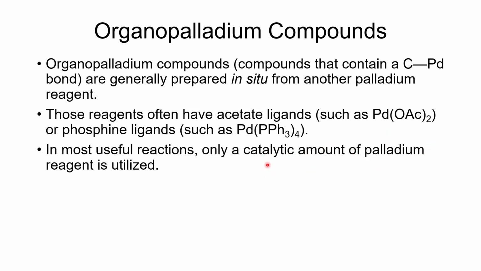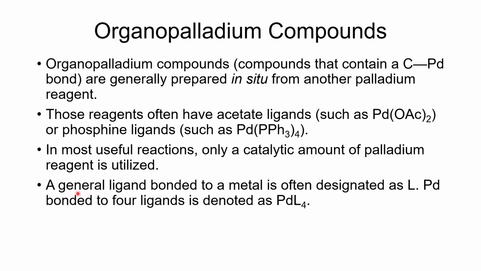If we're just talking generically about a ligand, we can often use the letter L to indicate a ligand. A ligand is just something that's attached to the metal. So palladium bonded to 4 ligands, we can indicate as PdL4. That L is not a specific ligand, it is a generic ligand.